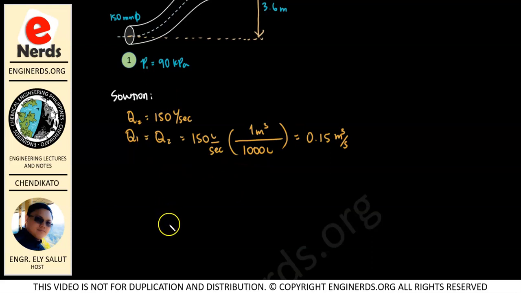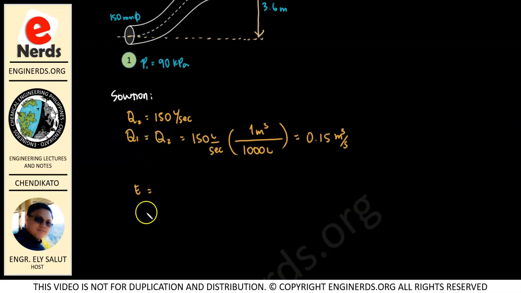Now, to review, we learned that the total energy is equal to the kinetic energy and the potential energy. We already got this equation before in our lecture about energy and head. So I'm just going to write the equation here. If you want to learn more about that equation, you have to watch our video again.